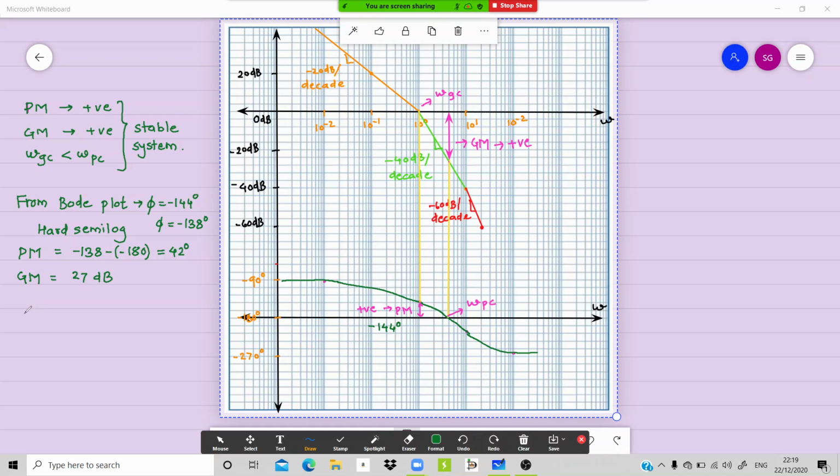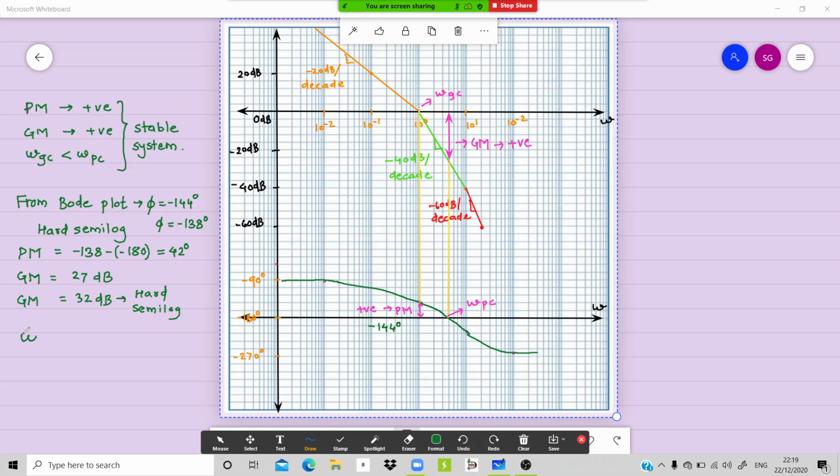But the value which I got from the actual semi-log paper is 32 dB. Hard semi-log, I'll write. Again we got a positive value, that means system is stable. So this is GM and PM.